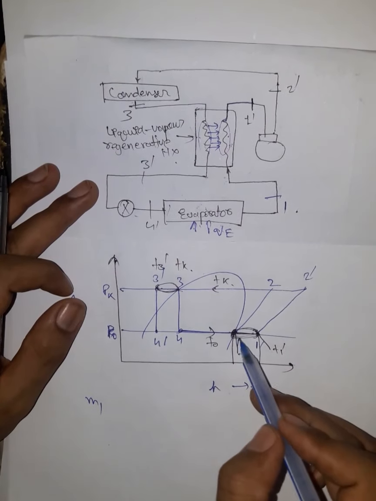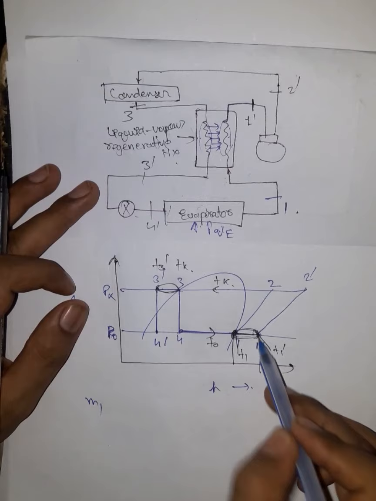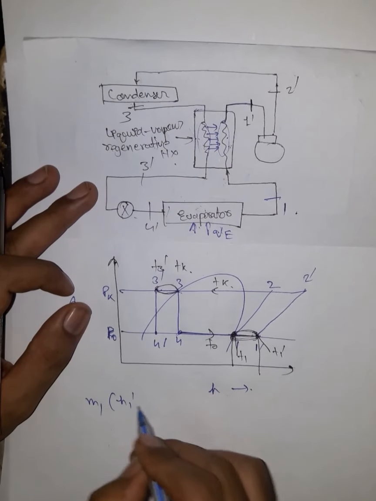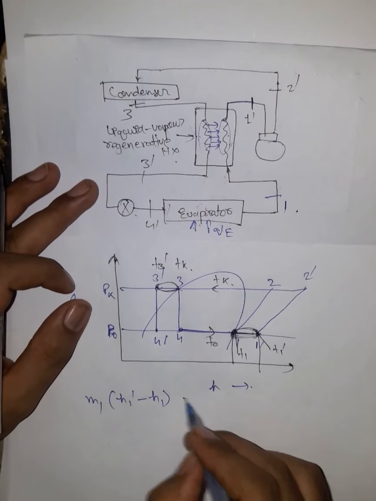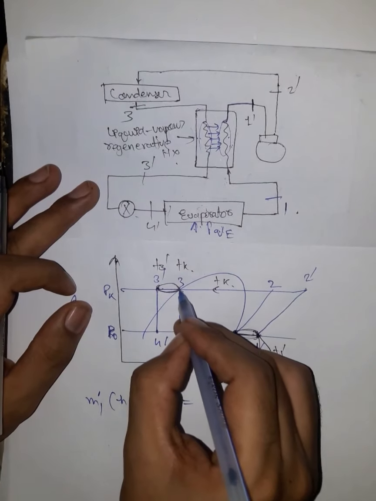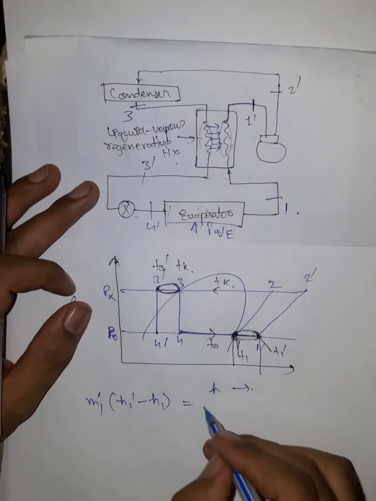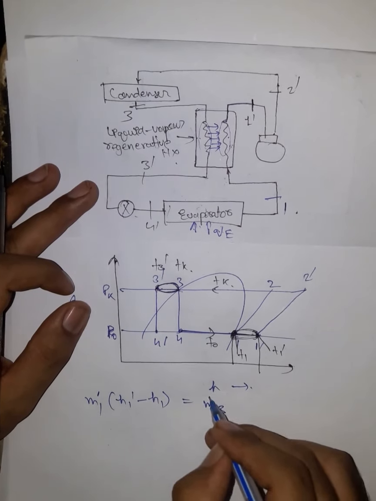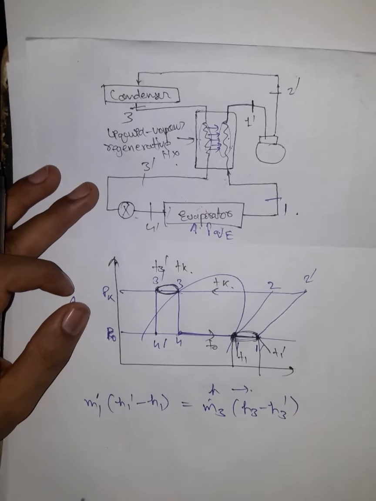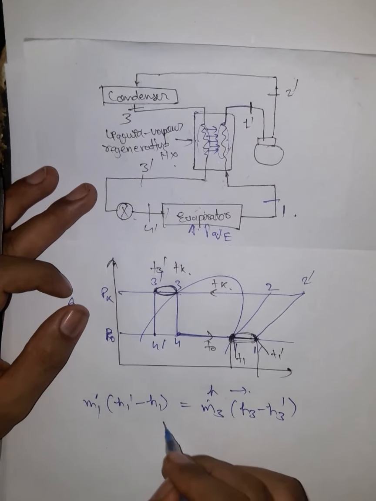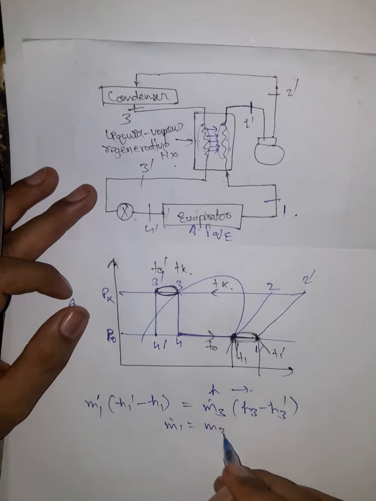From this diagram we can note that from 1 to 1 dash is what? Superheating. So this is h1 dash minus h1. This is due to the superheating effect, which is equal to this subcooling in enthalpy change, which is m3 dot into h3 minus h3 dash. Okay, now since the mass flow rate is the same, that means m1 dot is equal to m3 dot.